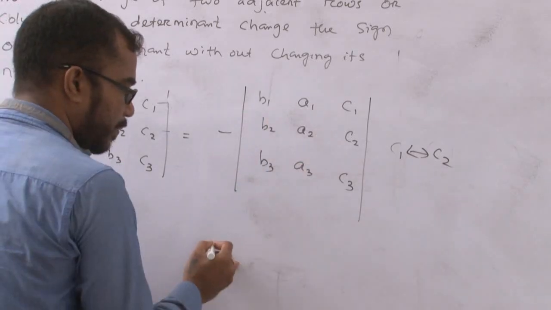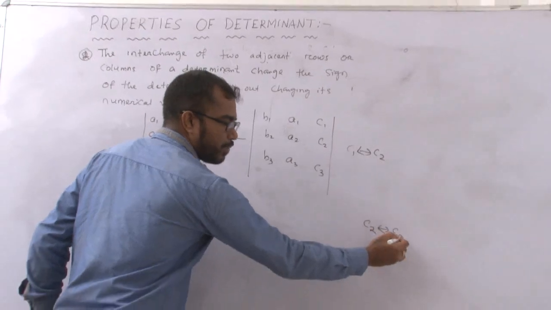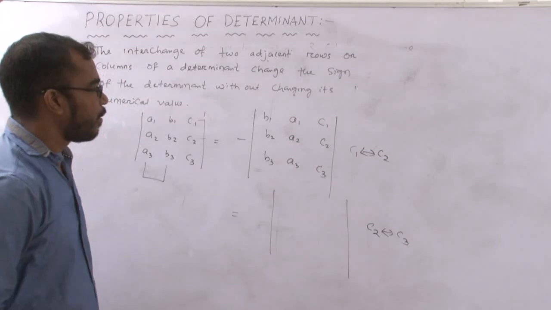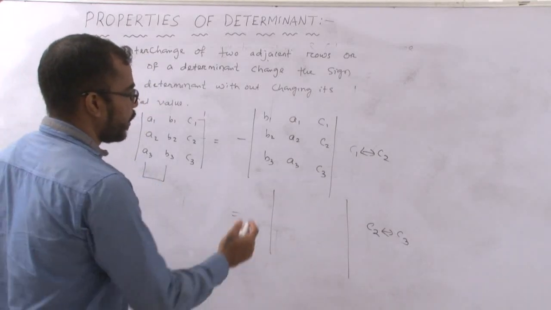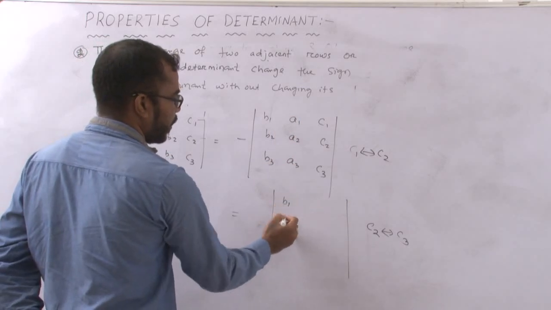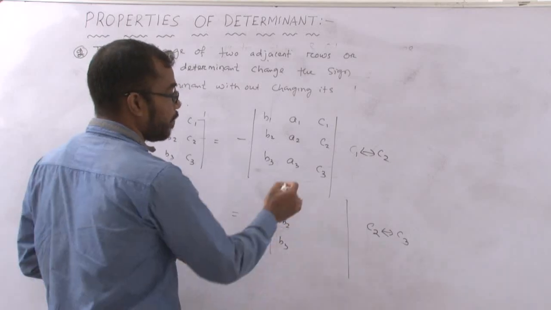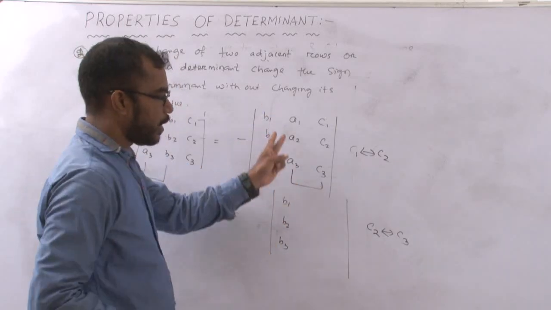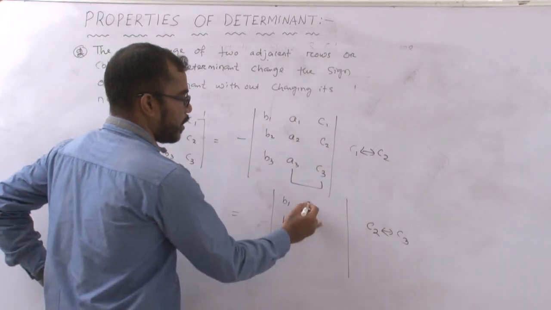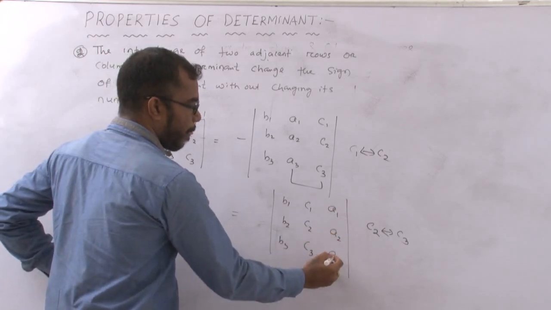Okay. If we interchange column 2 and column 3, then what will be the result? Here column 1 is B1, B2, B3. If we change column 2 and column 3, we write column 2 in place of C3 and C3 in place of C2. So we can write C1, C2, C3, A1, A2, A3.